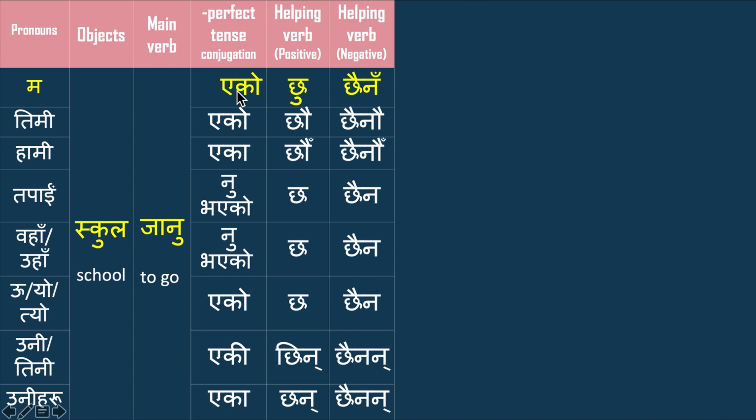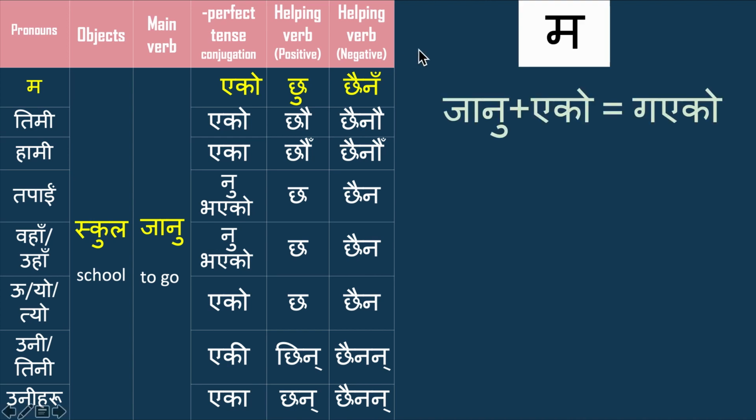Singular subject eko form, chu and chaina. And here janu is intransitive verb, so we will not use maile, we will use ma in the sentence. Ma janu plus eko, gaeko. Here you can see nu is removed and eko is added, but the change is irregular, so janu verb always changes to gaeko in the perfect tense.